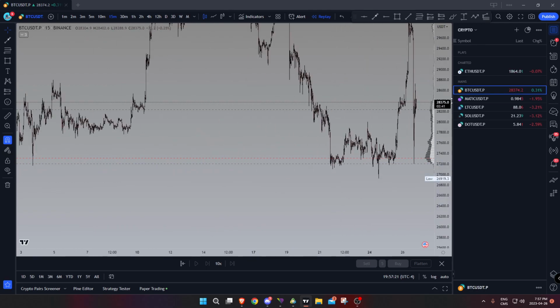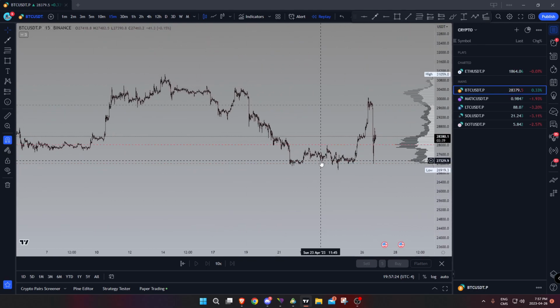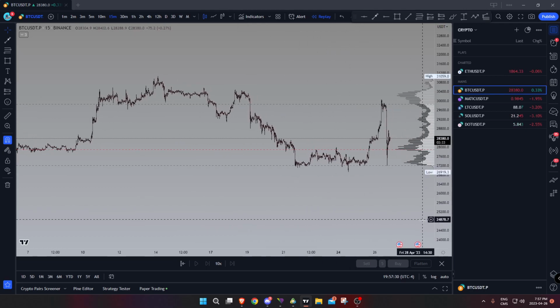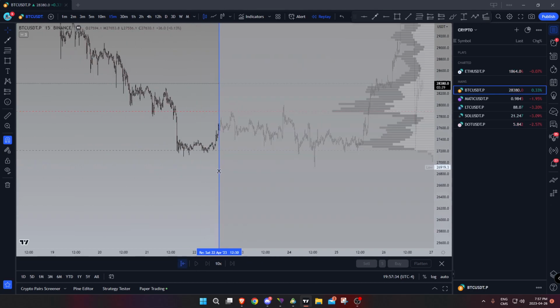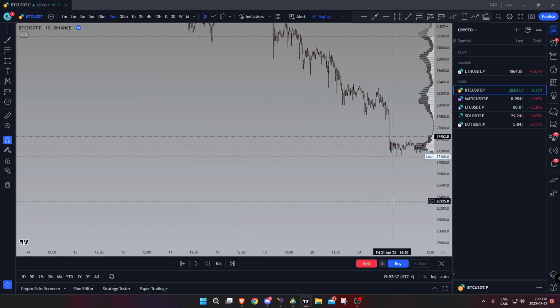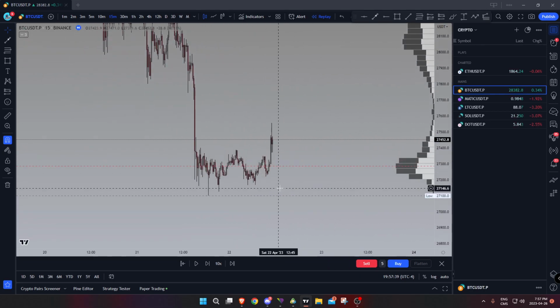So again, since we are pretty much in a bearish structure, I would not have looked for a long inside this, but I do have an example that worked inside a bearish movement. So let's just move back there. All right, so let's say we are on a bullish trend.